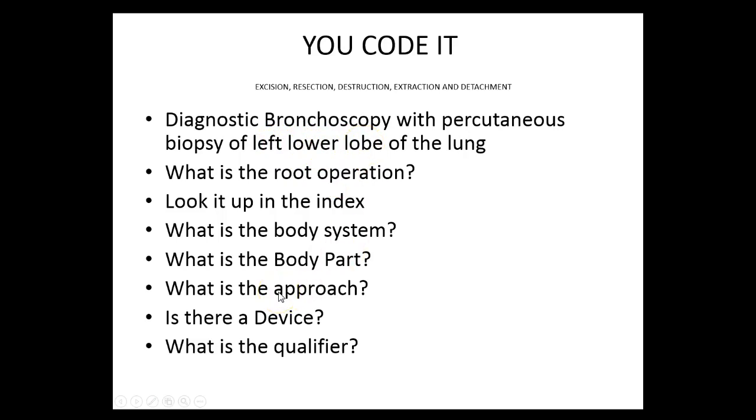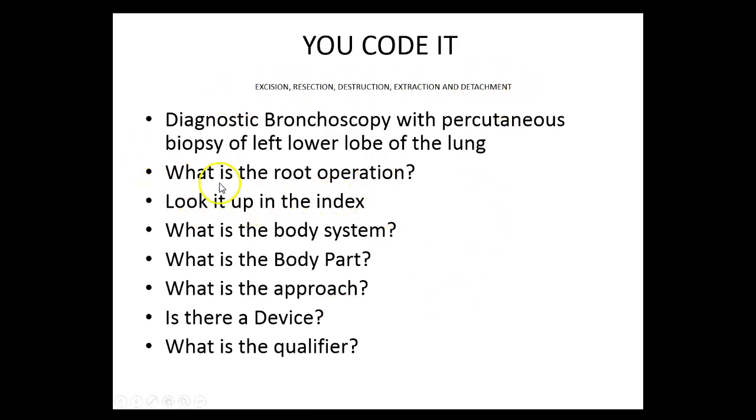And what is the approach? The approach is via natural or artificial opening endoscopic, because to do a bronchoscopy, you go in through the mouth, down through the trachea, and into the left lower lobe. And then, is there a device? No, there's not a device. We didn't leave a device in. None of these root operations involve a device.